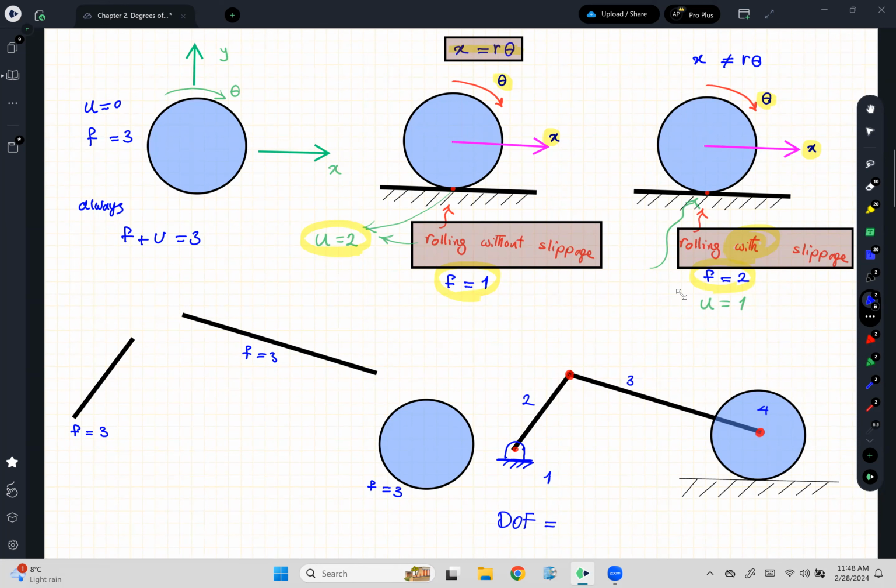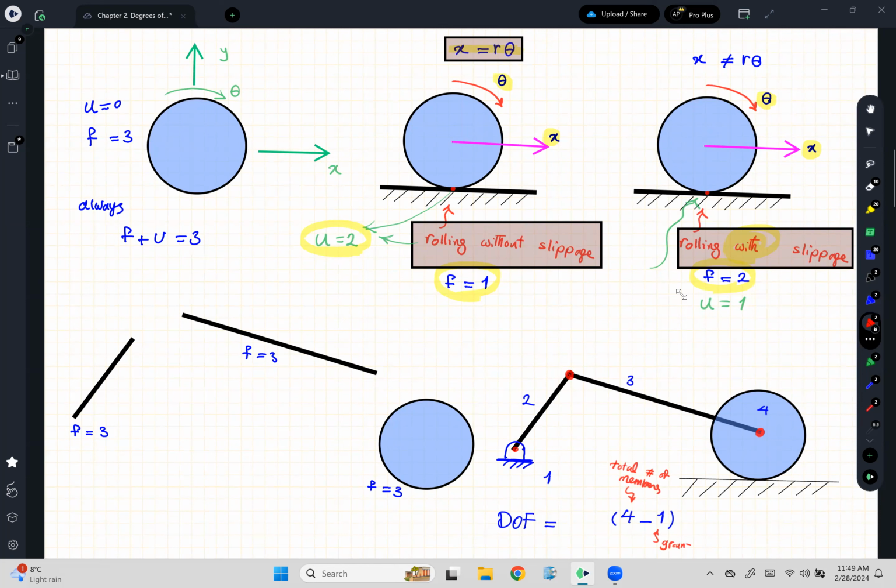Okay, so let's do what we did earlier, for example, above. We said we have 4 members in this mechanism. One of them is the ground. You always subtract from the total number of members, minus 1 for the ground.